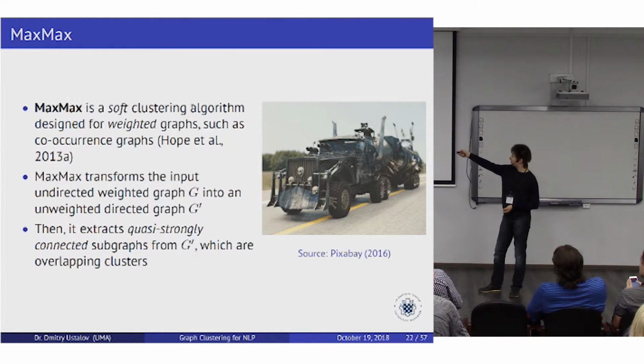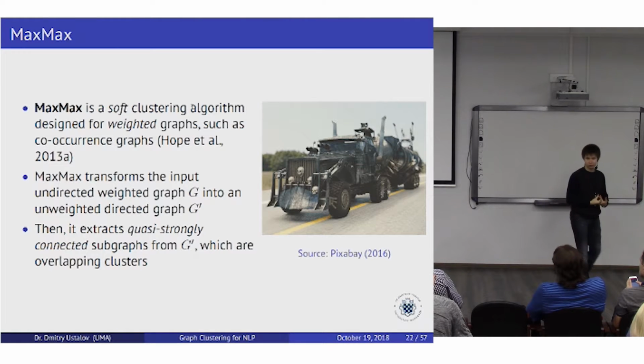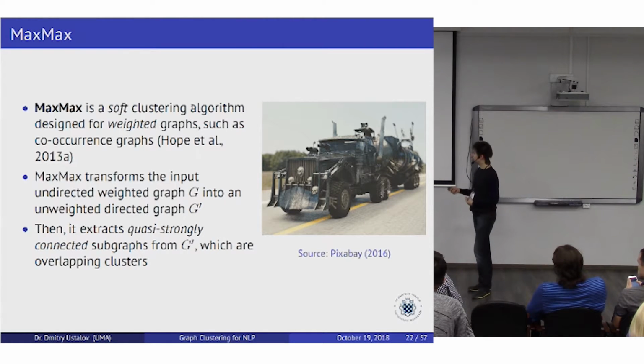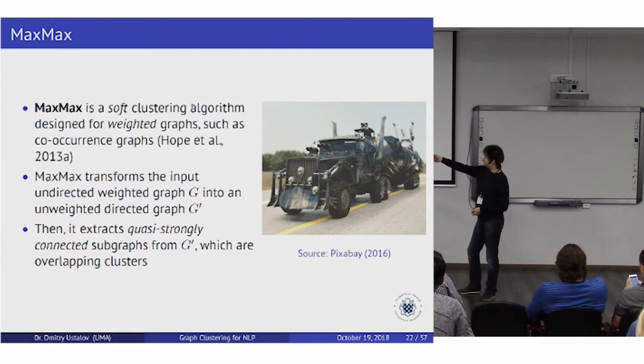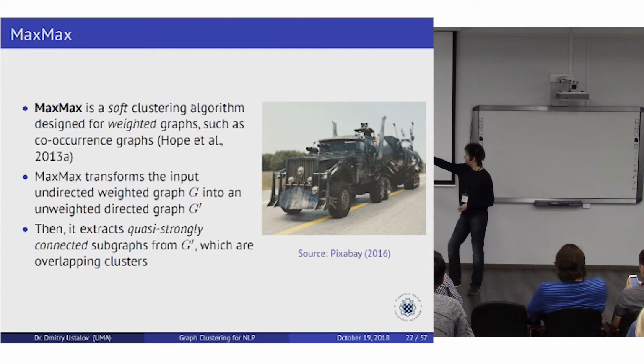And so MaxMax is a soft clustering algorithm which is very fast, like Chinese whispers. It's primarily designed only for co-occurrence graphs by Hoppe and Köhler in 2013, a few years ago.